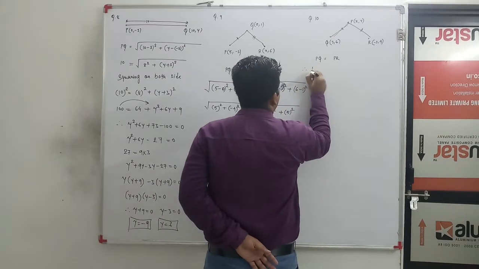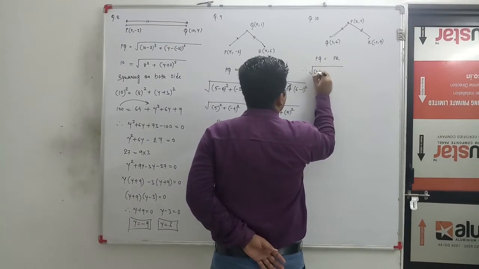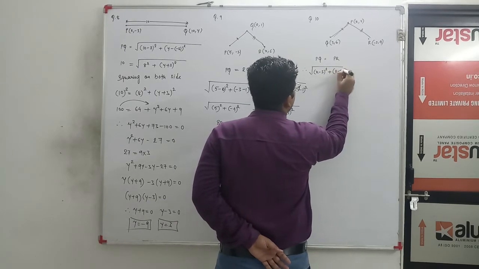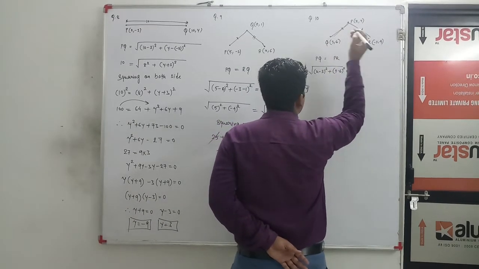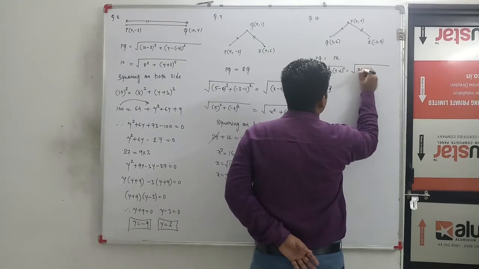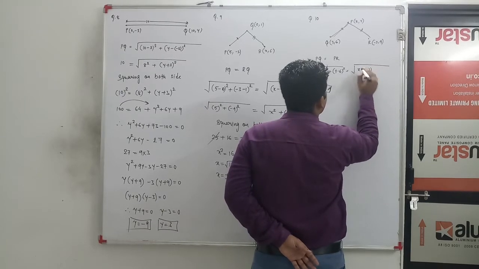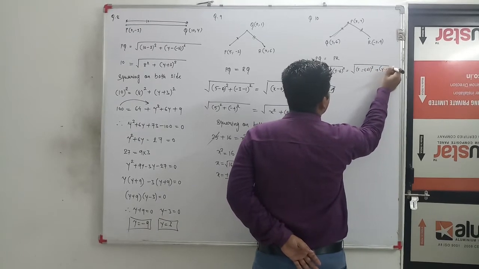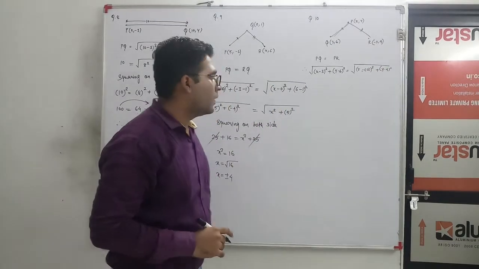Therefore square root of (x minus 3) whole square plus (y minus 6) whole square, using x2 minus x1 and y2 minus y1. In the same way, square root of (x minus (-3)) whole square plus (y minus 4) whole square, as per the distance formula.